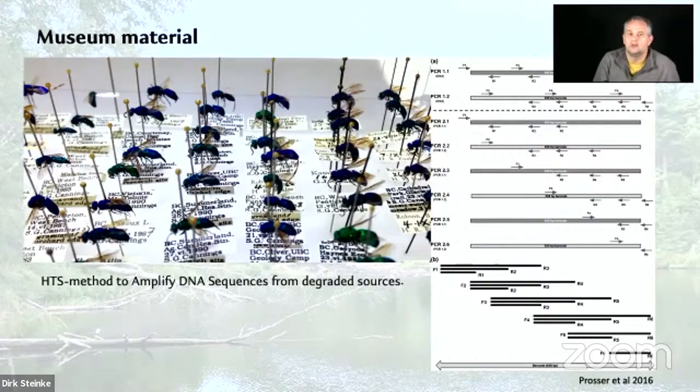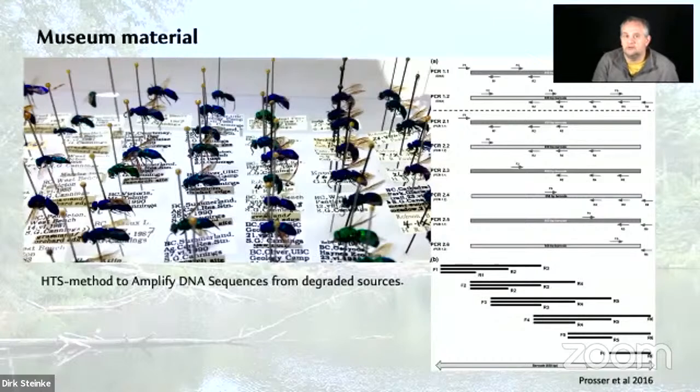So if a specimen is very old, the chance of getting a full-length barcode the regular way is relatively low. Again, I'm not talking about formalin-preserved material, because that's usually, if not properly buffered, lost for any kind of DNA analysis, unfortunately.